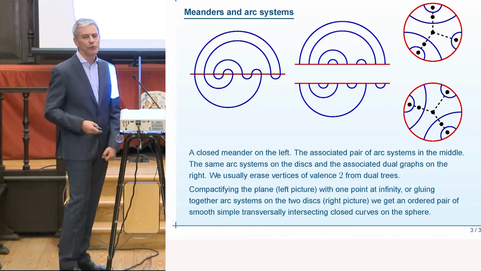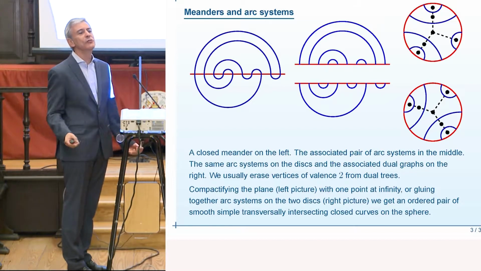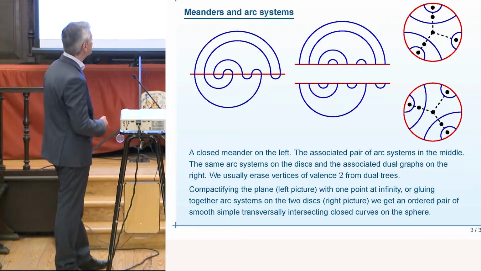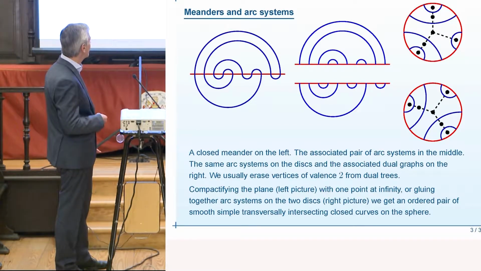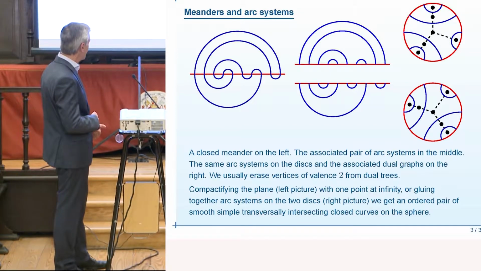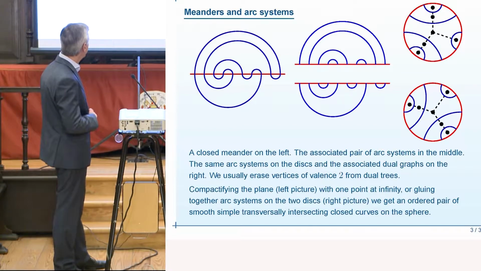It is natural to suppress these vertices of valence 2 and to consider only interesting vertices. And then you will have a finite number of these interesting vertices. In this case we are in genus 0, so instead of graphs we have just trees. So this tree with suppressed vertices of valence 2 would record the combinatorial passport of the meander.